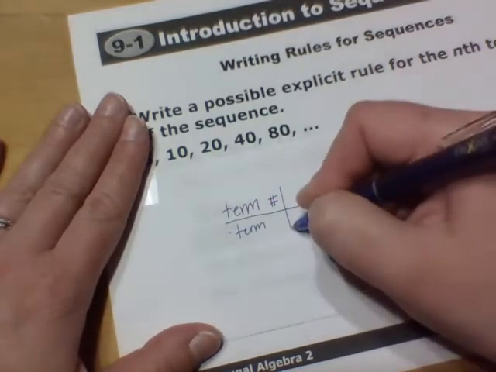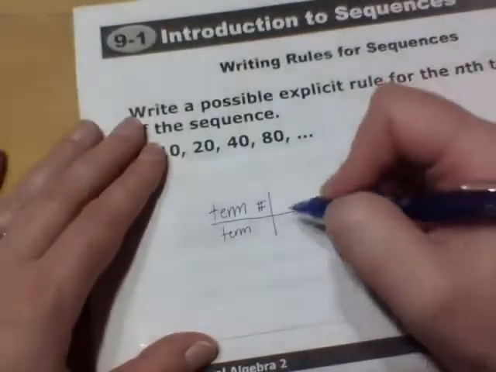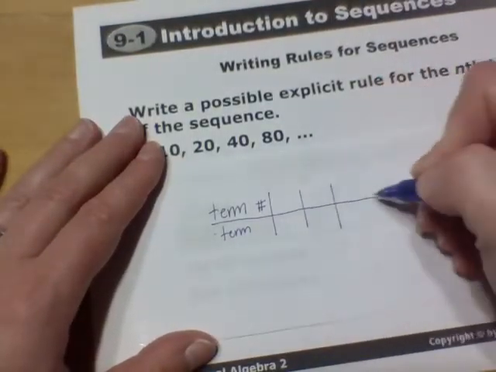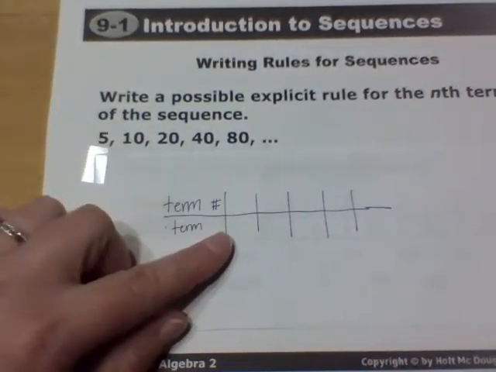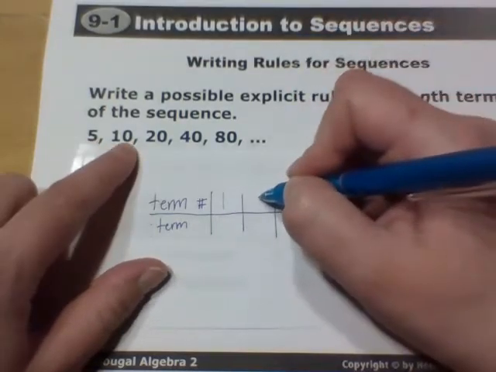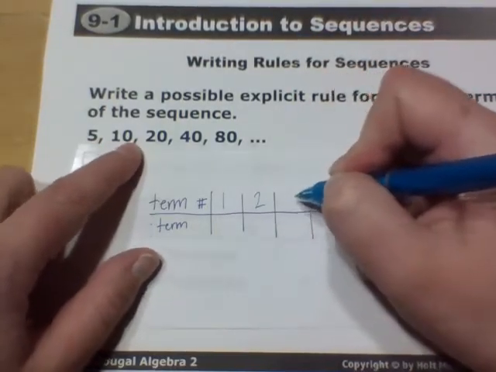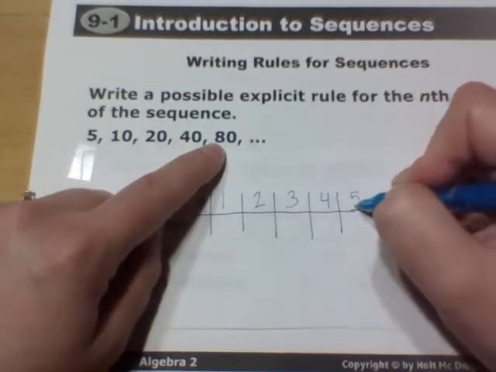And we tend to write our tables sideways when it comes to finding out your explicit rule, just because then you can subtract and show your results a little bit easier. So the term number is 1, because remember that we're always starting at the first term. If we plug in a 2, we get 10, a 3 is 20, a 4 is 40, and a 5 is 80.